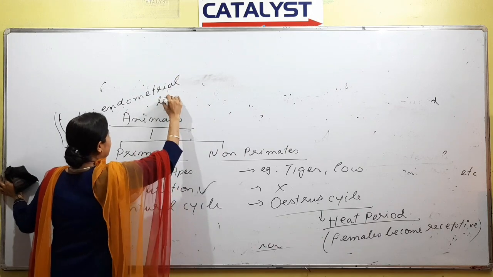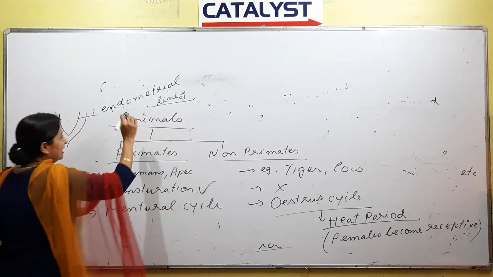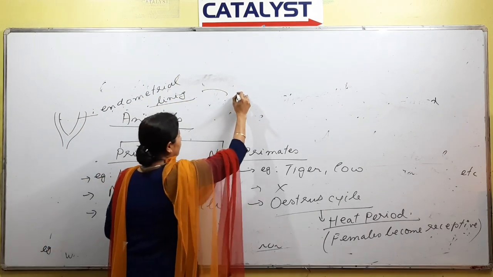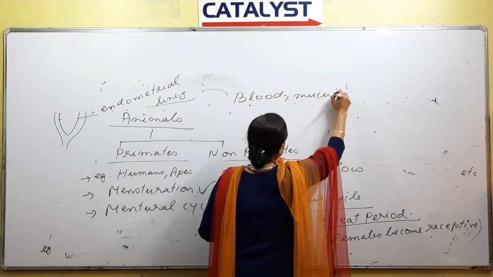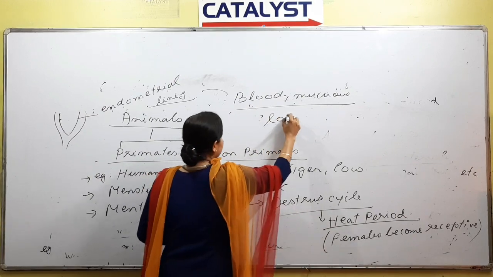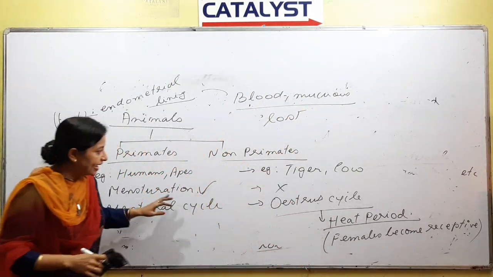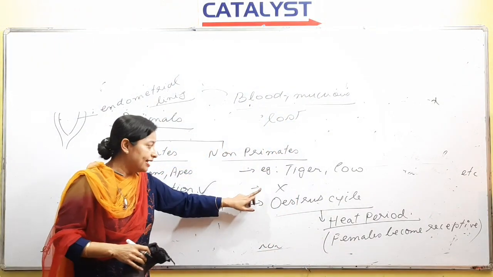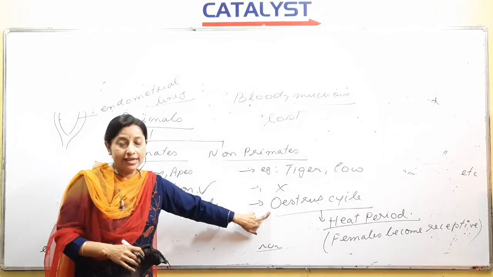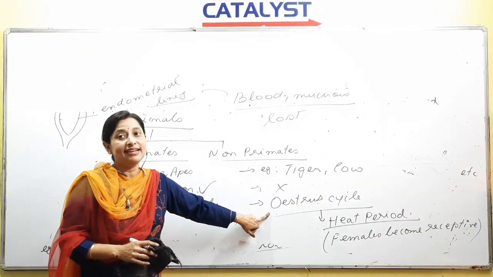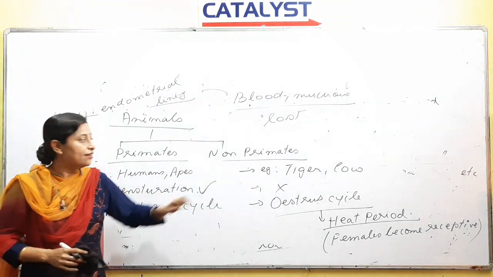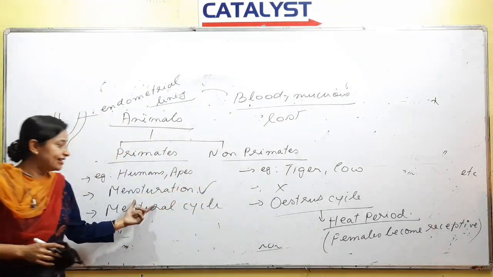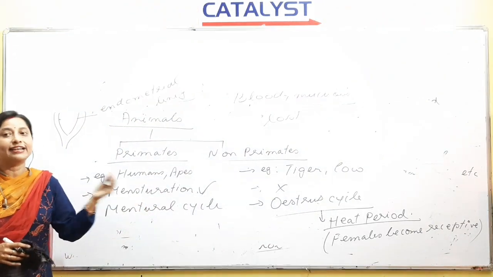In menstruation this lining is lost in the form of blood and mucus. In the oestrous cycle there is no menstruation, but the endometrium stays and gets reabsorbed, while in menstruation the endometrium gets lost. So basic differences again in your zoology class.